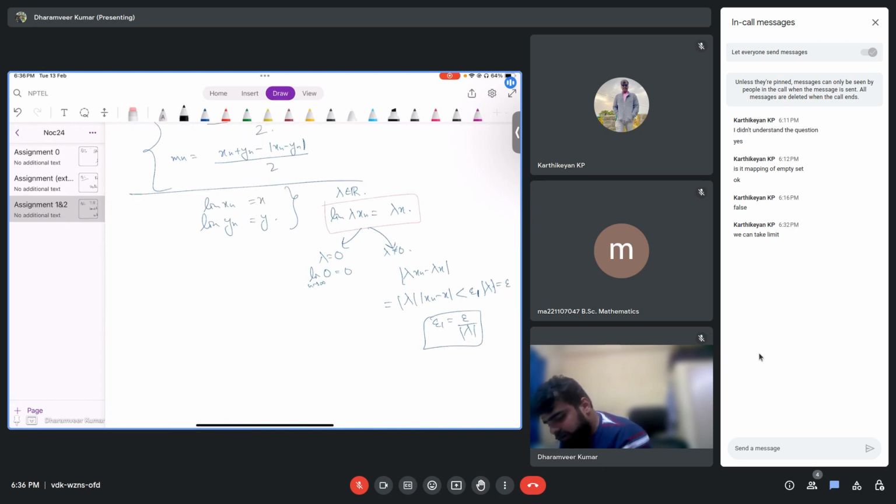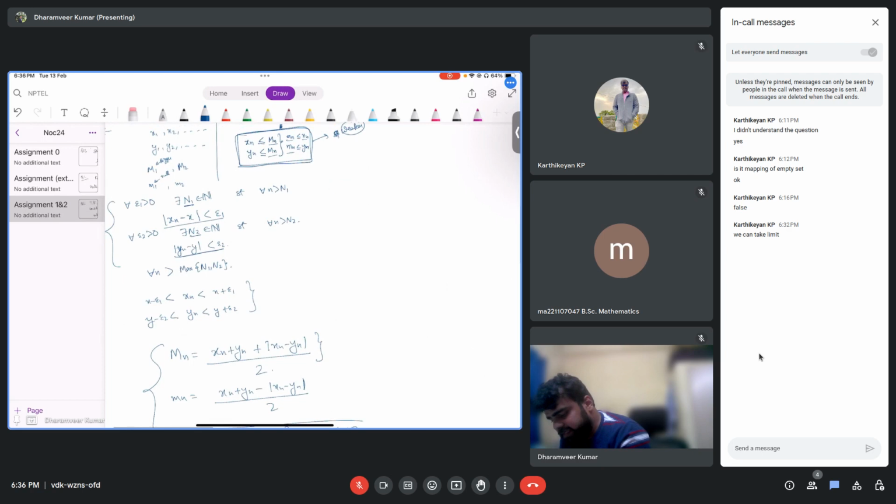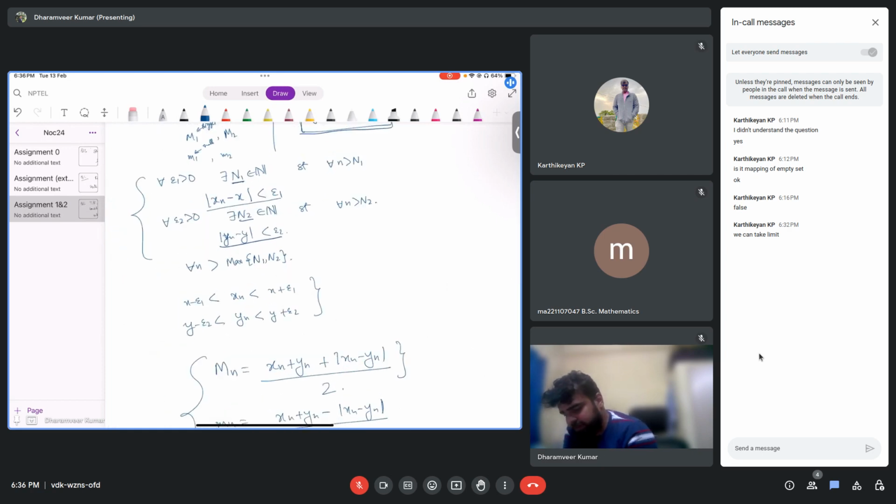What about the sum? Since these two limits exist, we just sum it up. Choose epsilon 1.